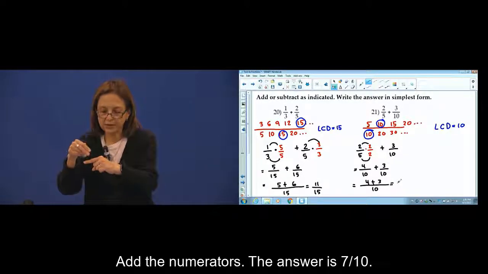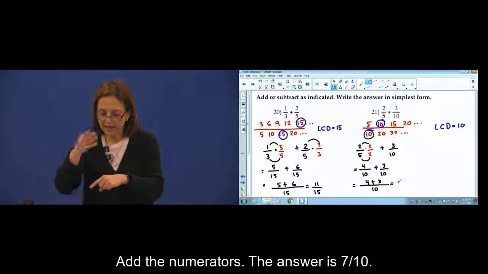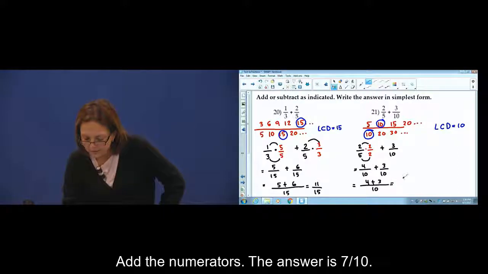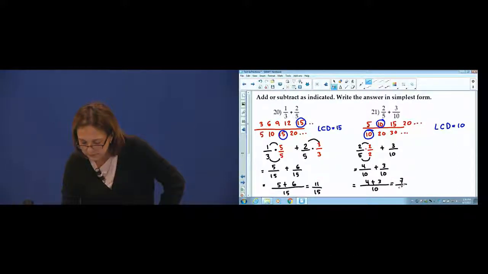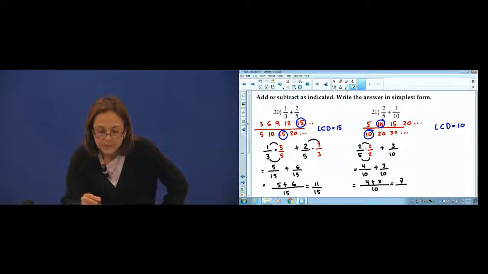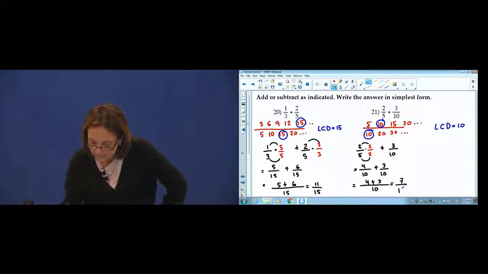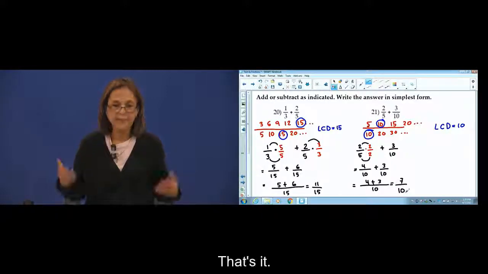The numerators together give us an answer of 7 over our LCD of 10. And that's it.